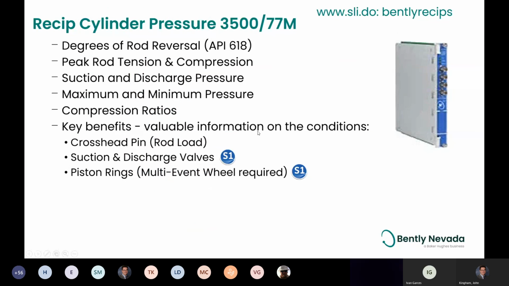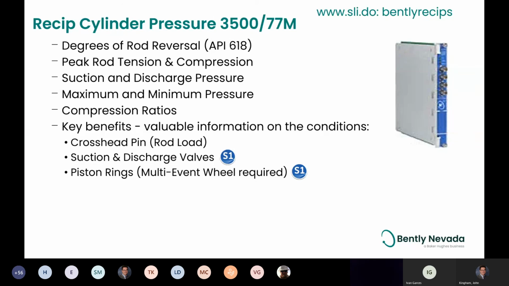And then we need to talk about the 77, which is the cylinder pressure monitor. So degrees of rod reversal. We talked a little bit about this earlier. We want to make sure that that crosshead pin is getting proper lubrication. And the only way it gets proper lubrication is if there is rod load reversal.